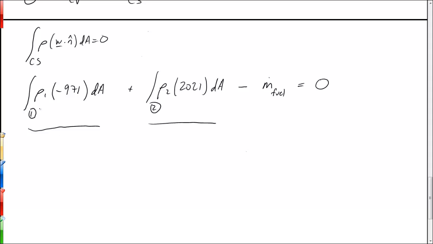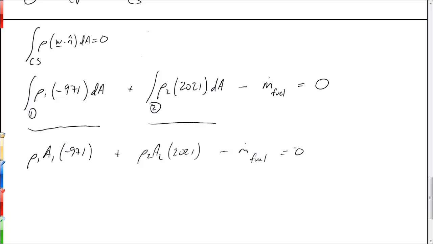So on the first one here, we get rho 1 times area 1 times our minus 971, because that's our W dot n term. And here we get rho 2 A2 times 2021, and all that minus the mass flow of the fuel coming in is equal to 0.